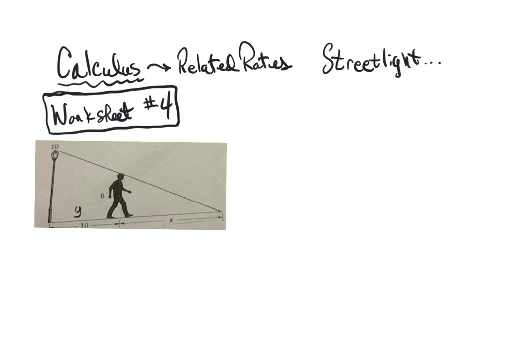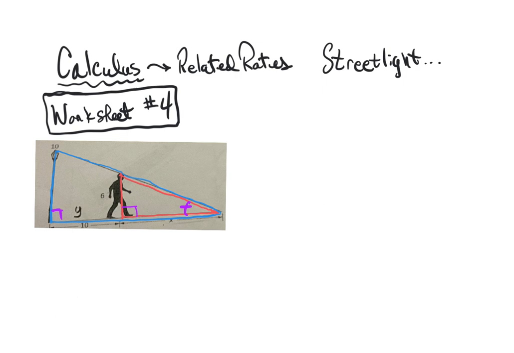The key on this one is to notice that if I draw out the triangle formed by the person, the shadow, and this imaginary distance from the head to the tip of the shadow, and compare that to the triangle formed by the lamppost, the distance to the end of the shadow, and the imaginary distance from the top of the lamppost to the end of the shadow, these two triangles are similar. They're similar because the lamppost is perpendicular to the ground, we are assuming the person is walking upright, so perpendicular to the ground, and the two triangles each share the angle formed near the tip of the shadow.